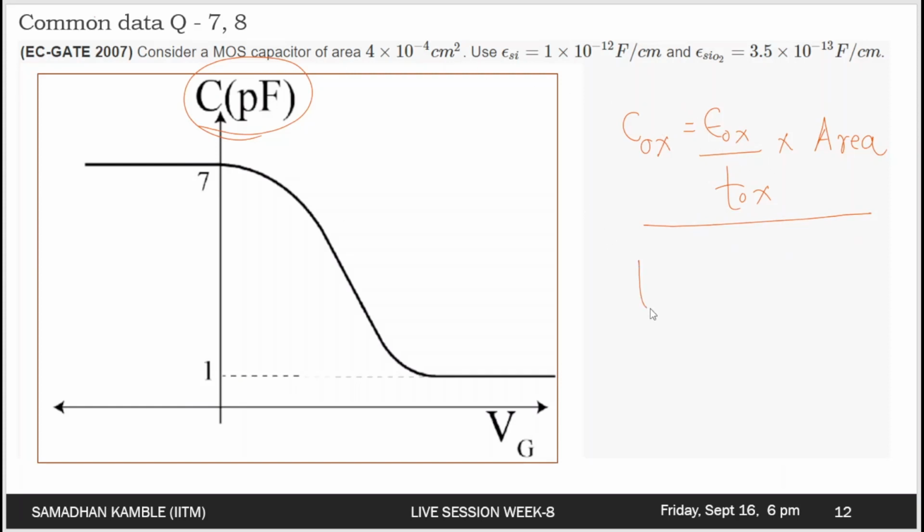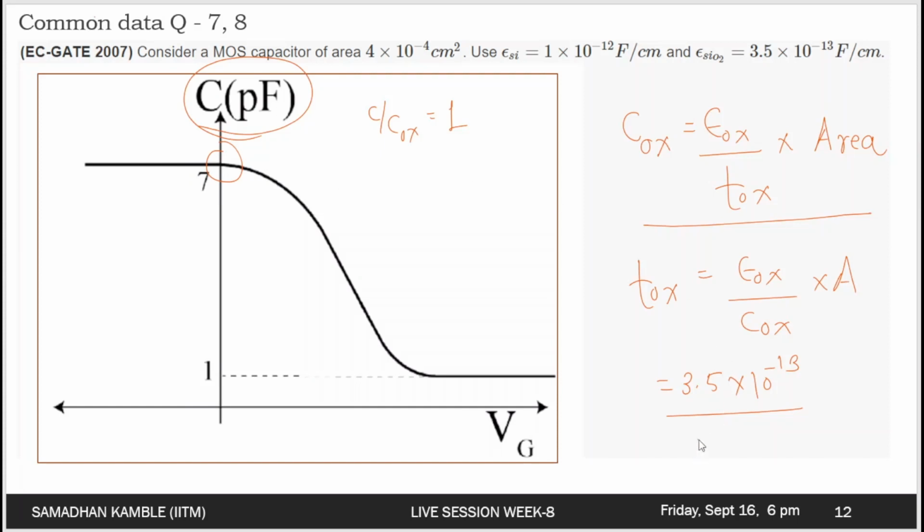So Tox is nothing but epsilon ox by Cox times the area. Okay, so what is the value of epsilon ox, which is the silicon dioxide? That is 3.5 times 10 to the power minus 13 divided by the capacitance. Capacitance is given. So C, we know that at the flat band voltage, this is the oxide capacitance. We know that C by Cox is equal to 1 in this region. So this is the oxide capacitance indeed.